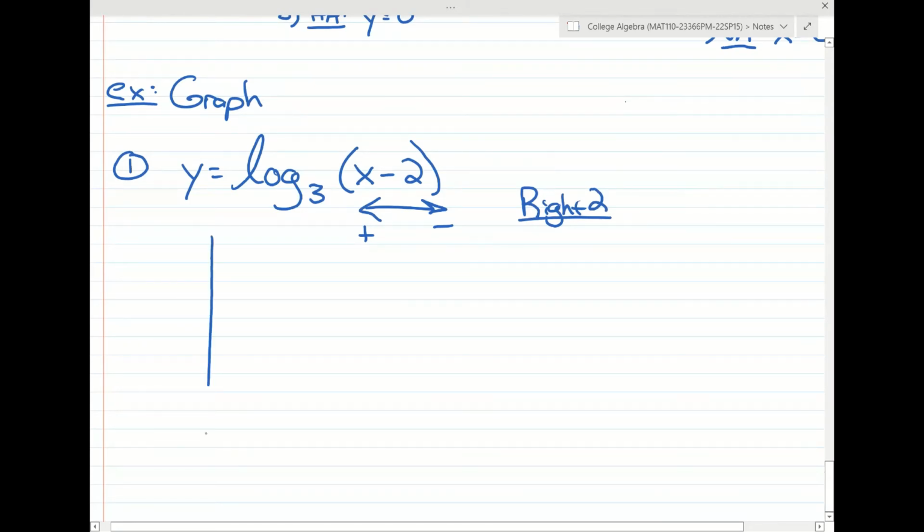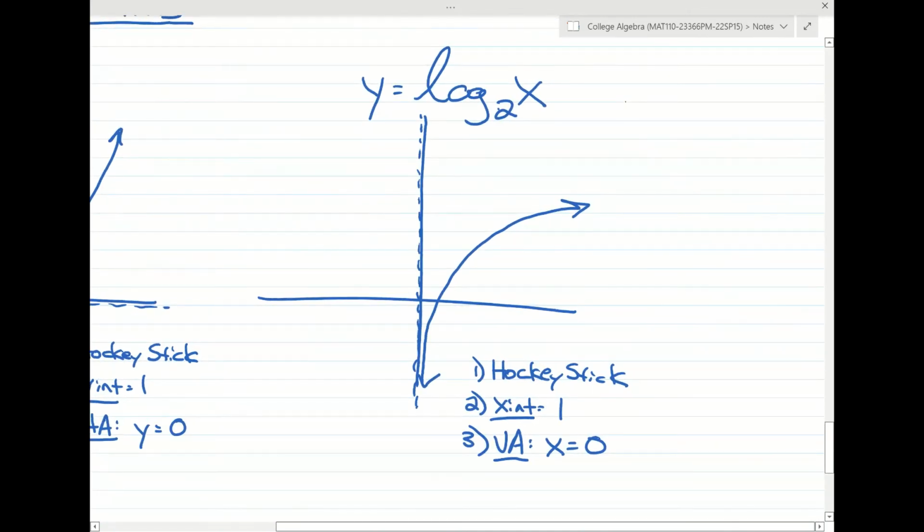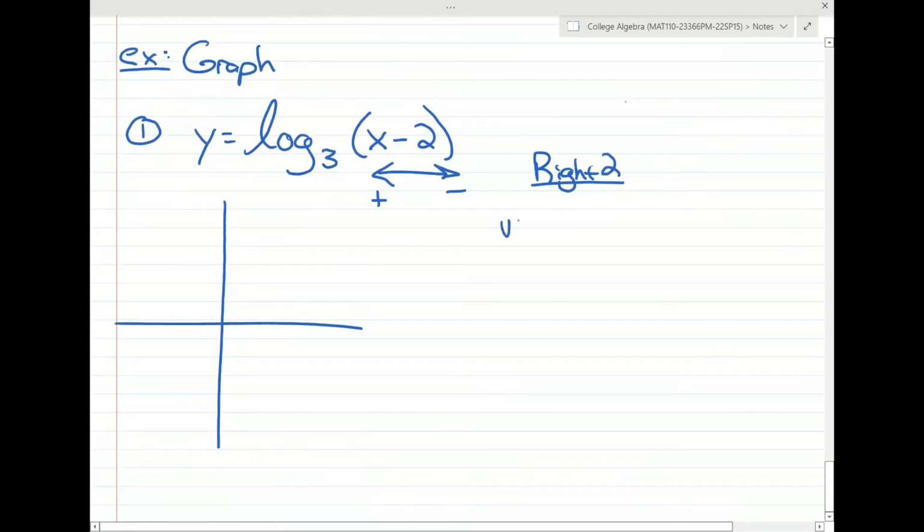So take a look at our regular log graph. If we're shifting it to the right 2, the vertical asymptote from the parent graph, instead of being at 0 up and down, it's going to be 2 units to the right. So the vertical asymptote is going to be x is equal to 2.